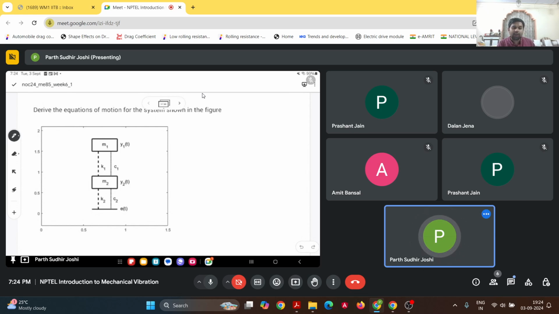So let us get started with the problem solving session. This concept of multi-degree of freedom systems is slightly different, so let us solve a simple looking problem. I'll also establish the notation I am familiar with, and my method may be slightly different from what you may have come across in your video lectures.